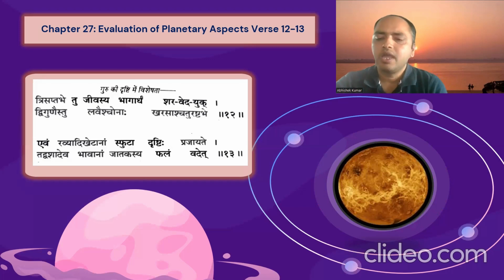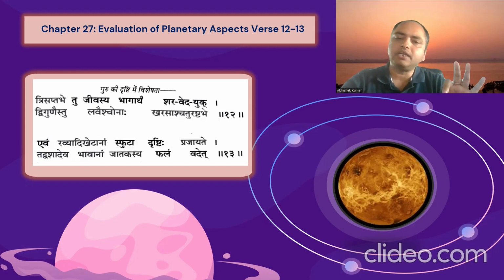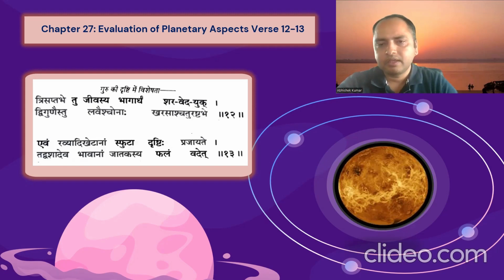So he is saying, in the case of Jupiter, if the aspectual angle is between 120 and 150 degrees or 240 and 270 degrees, then just add 30 Virupa in the aspectual angle, and you will get the aspectual value.